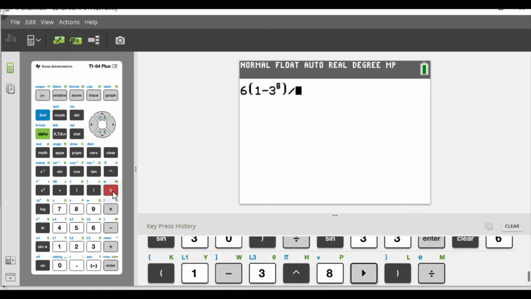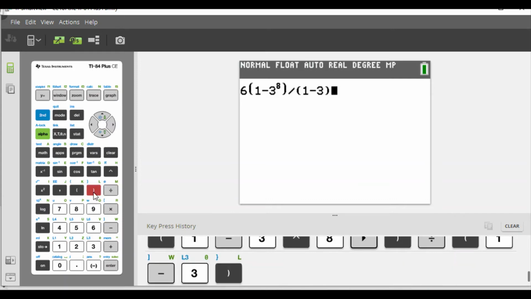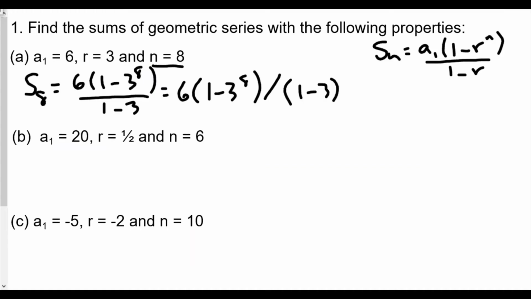Now we're going to divide by open parenthesis 1 minus 3. Okay, so really the idea is to identify your r value, your n value, and your a1 value, and we plug into the formula. We get 19,680. That's our first one.